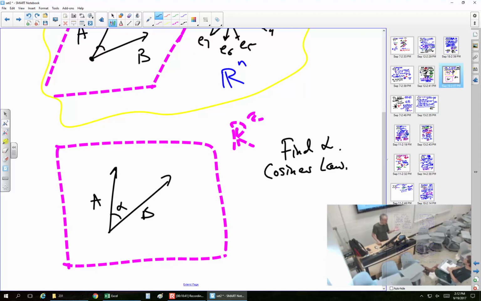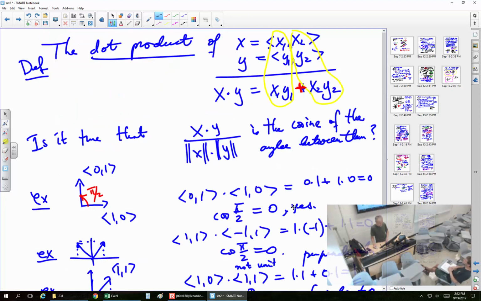There's a sine law, and there may be other things that you can try, but remember, we know that we're doing dot product, and we know that a cosine will appear somewhere. We already know the answer, or we just need to demonstrate that it is true. This is the answer right here. That's supposed to be the cosine. At the top, the numerator is the dot product, and the two magnitudes in the denominator.